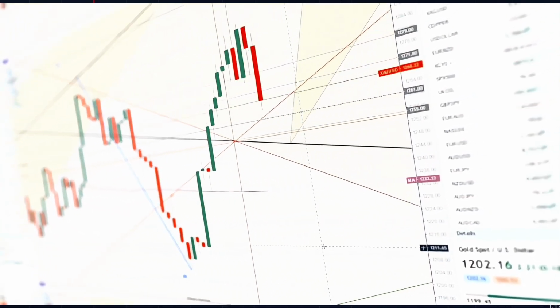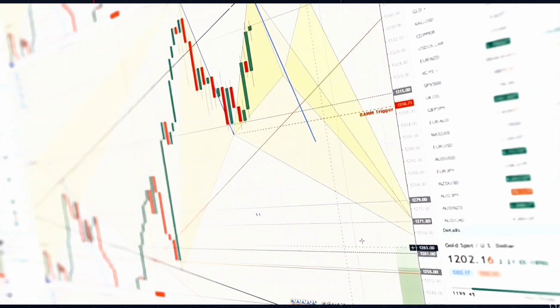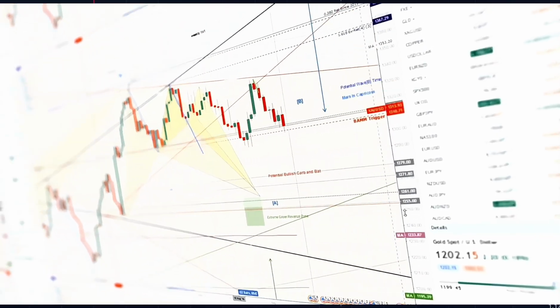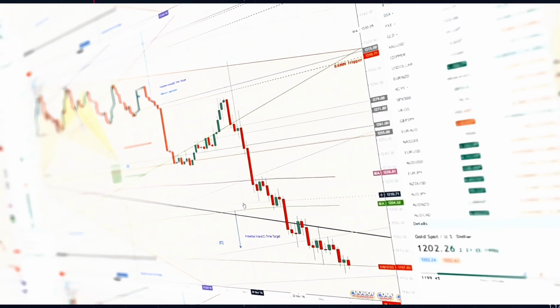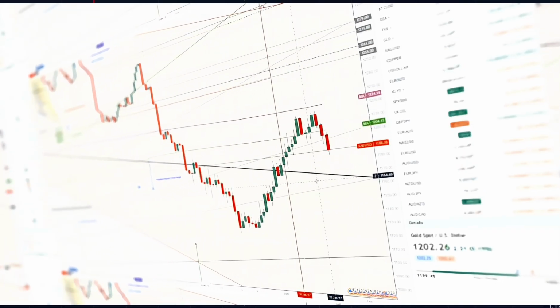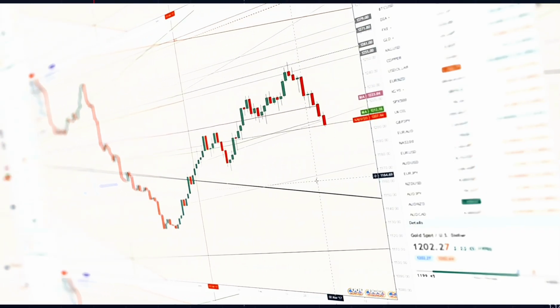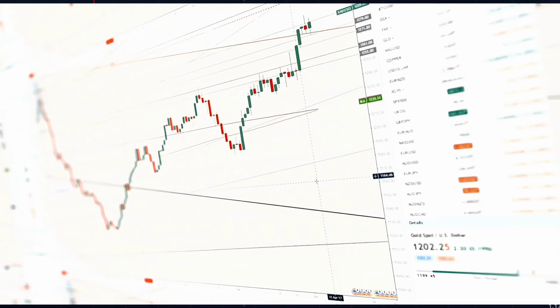So today, I'm going to show you exactly how to trade the double bottom properly, not the textbook version, but the real professional version that actually works.